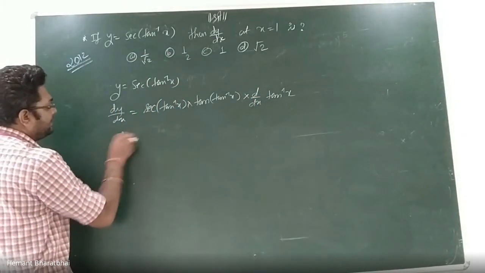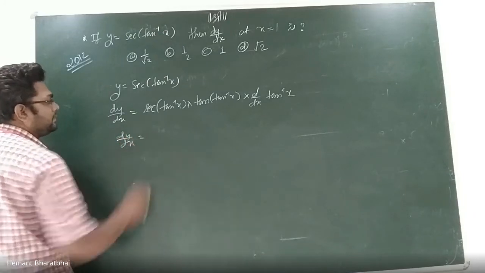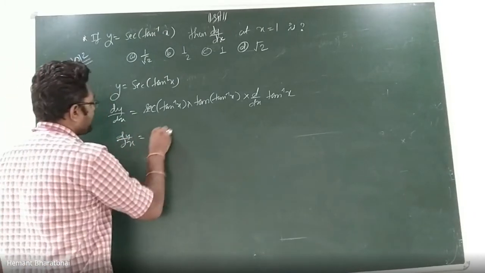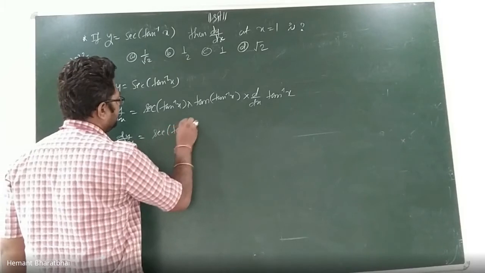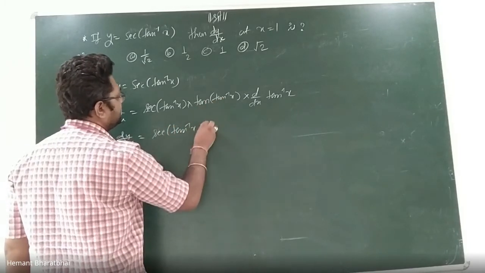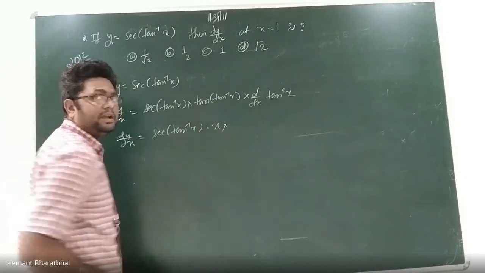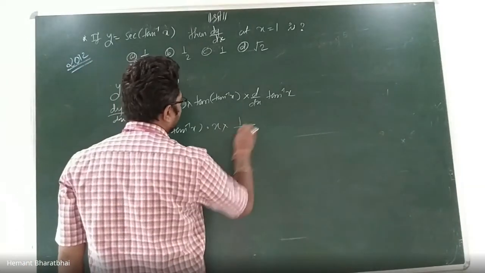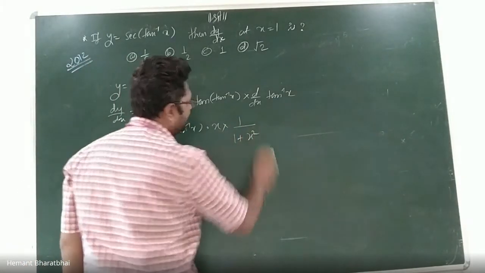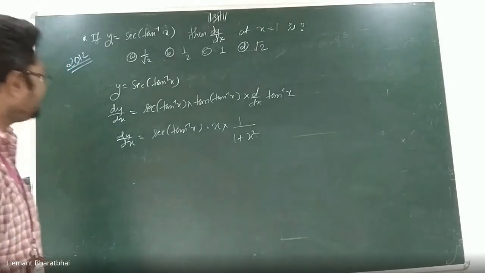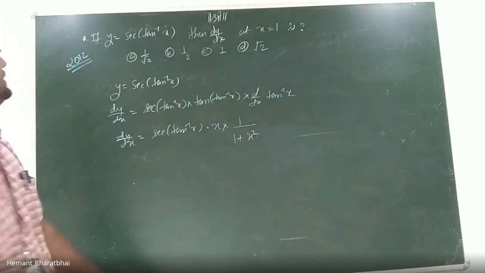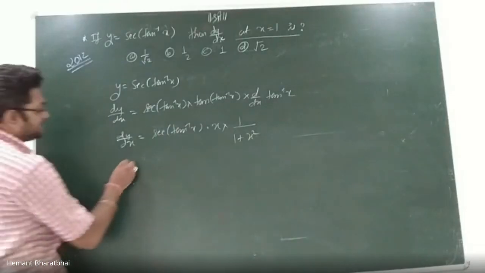Therefore, I will get dy by dx is equal to sec of tan inverse of x. Tan and tan inverse will get cancelled, so that will be x, into the derivative of tan inverse of x, which is 1 upon 1 plus x square. This is the value of dy by dx, but it is asking us at x is equal to 1. So we'll put x is equal to 1.